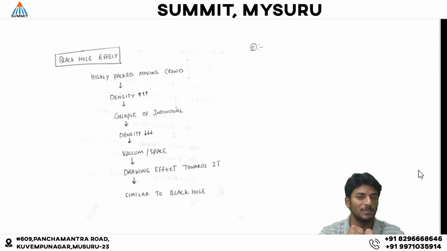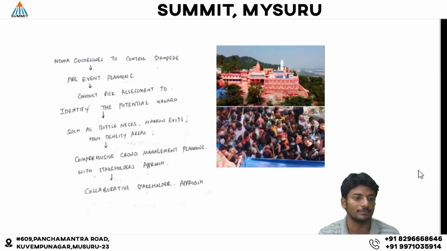That vacuum or space has the ability to draw people towards it, similar to a black hole. So the black hole effect is nothing but a vacuum or space created due to the collapse of an individual, and that space has the ability to draw more people towards it. This is the black hole effect associated with the stampede.